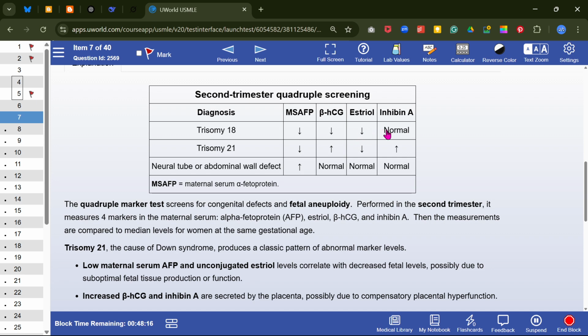So HI is up, that means elevated. Inhibin is up, so it looks like Down syndrome.